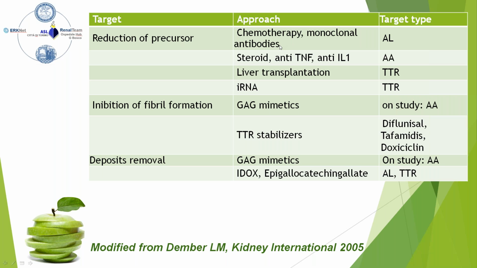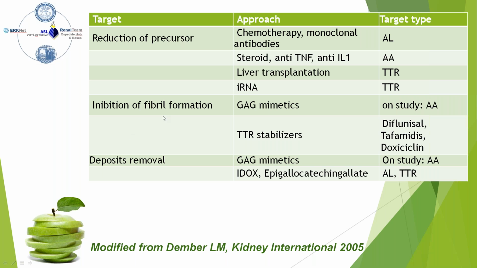In the case of AL amyloidosis, we must destroy the clone that produces them. In the case of amyloidosis related to serum amyloid A, we must reduce the systemic inflammation, and in the case of transthyretin amyloidosis, we must reduce the production of the mutated protein by the liver using liver transplantation or inhibiting the transcription of transthyretin using inhibitory RNA.